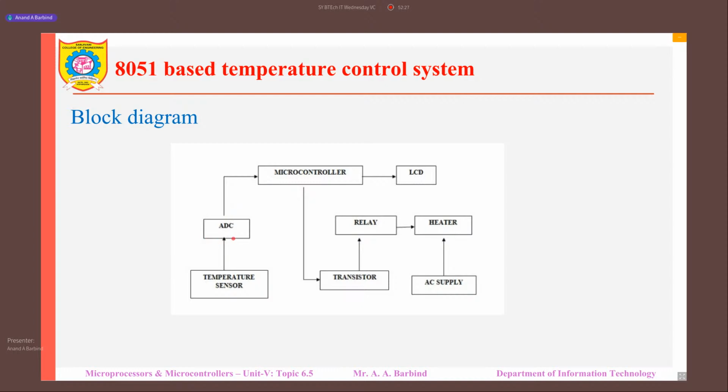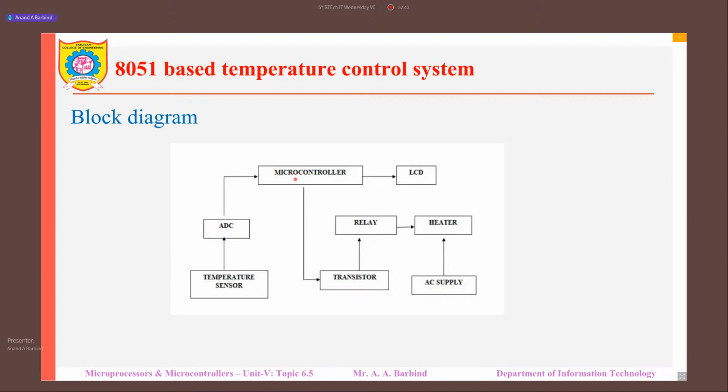So the ADC will have 8 different channels. Any of the temperatures at 8 different places can be read by the microcontroller and stored into the internal RAM of the microcontroller.